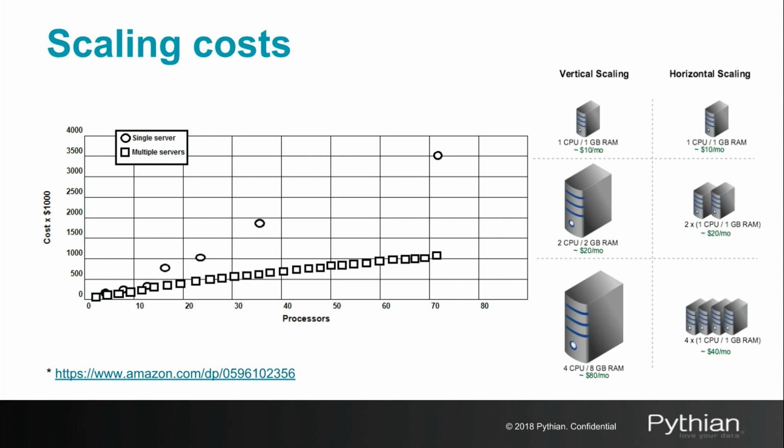Vertical scaling is more expensive than horizontal scaling, and we can see from this table some of the cost comparison between running 70 CPUs on a single server or achieving that processing power on multiple servers, and also the vertical scaling for a single instance, just by doubling the amount of CPU and RAM, scales almost exponentially.